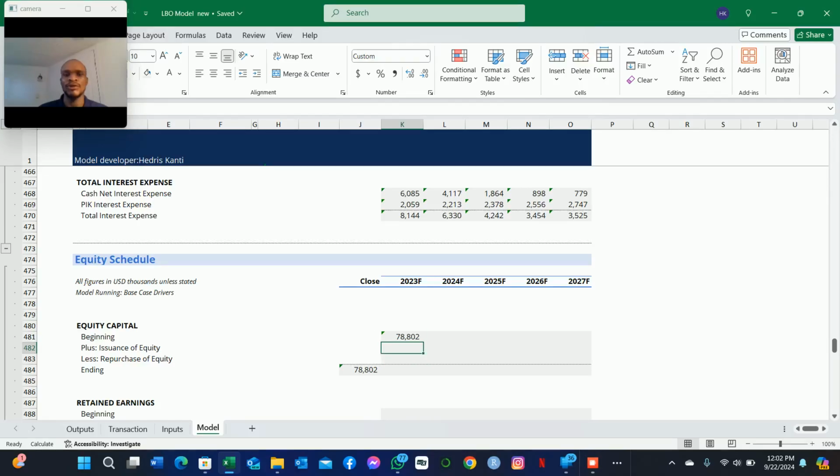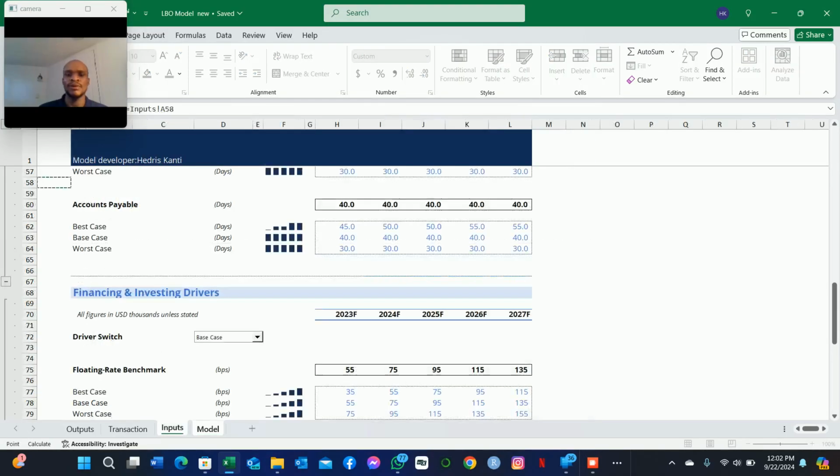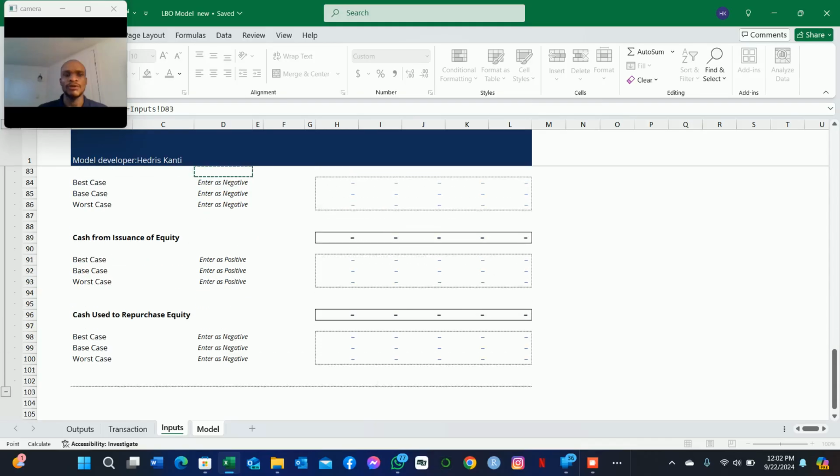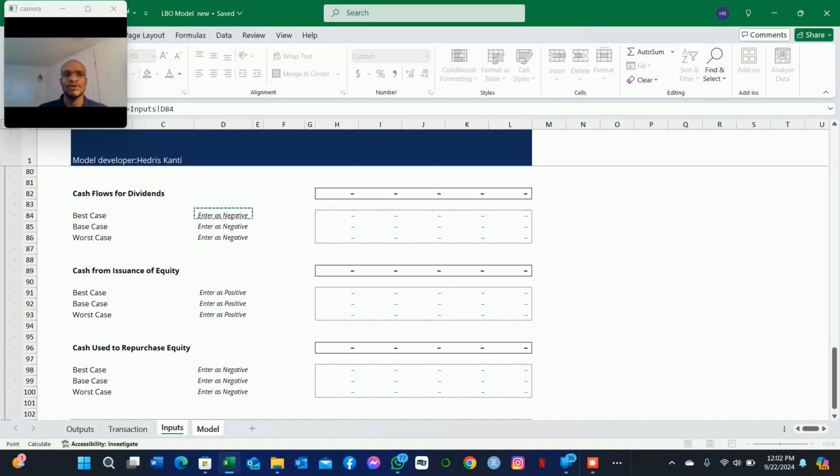We already set up an assumption for this in our input section. So we have to go down to reference any additions or repurchase of equity. In the base case, we have it set up there.